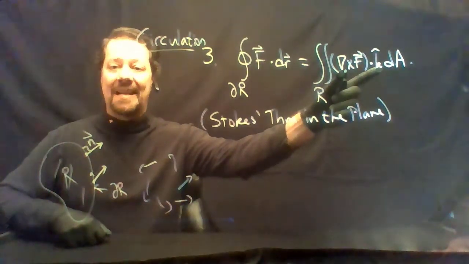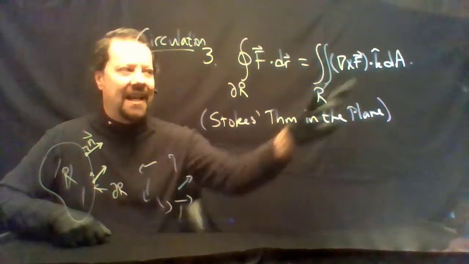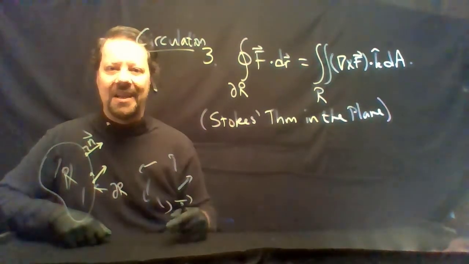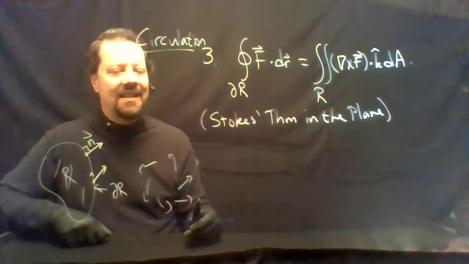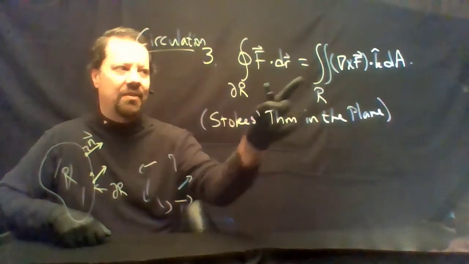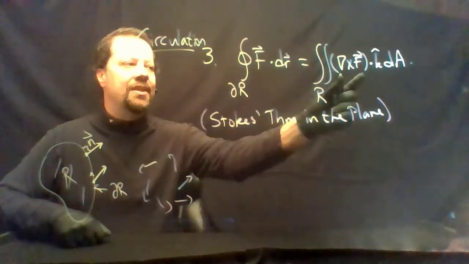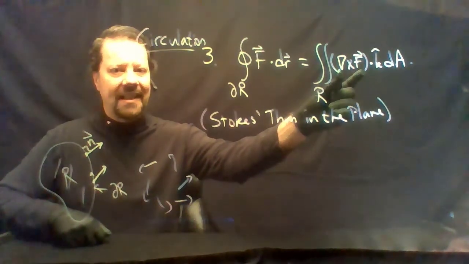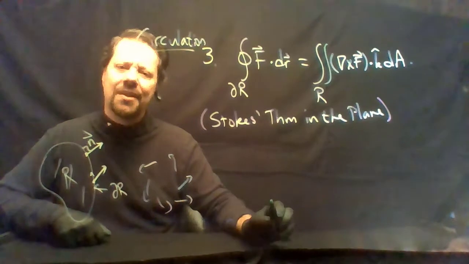And so you'll get a positive circulation. If it's going in the other direction, you'll get a negative for the dot product. And so a negative circulation going the other way. It's kind of fascinating then that the total circulation can be found by integrating across the entire interior of the region this curl dot k. In other words, the curl represents a circulation density.